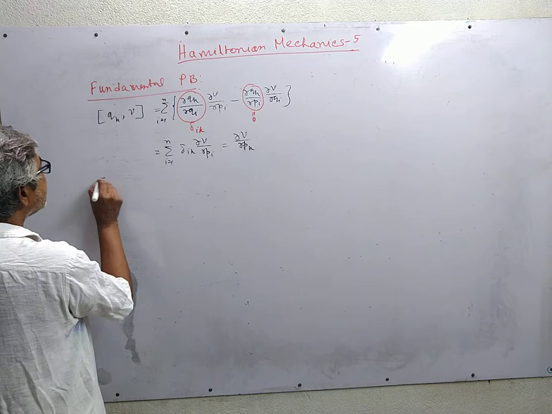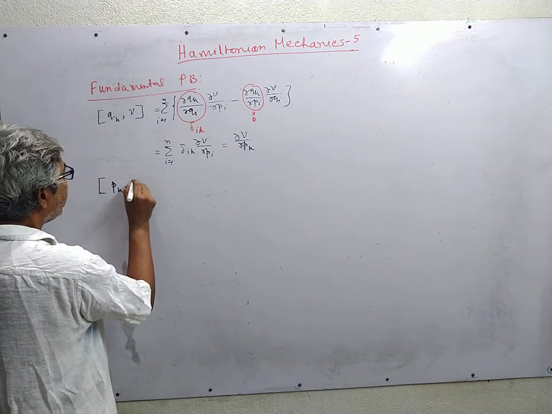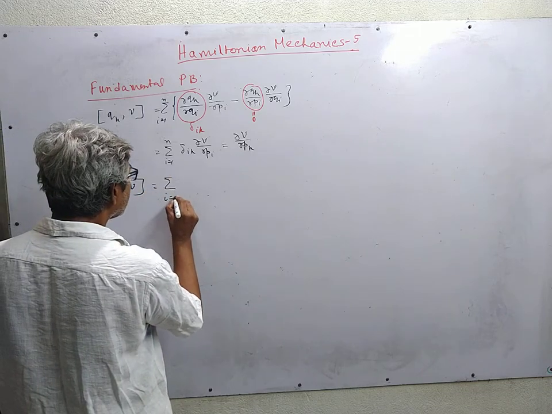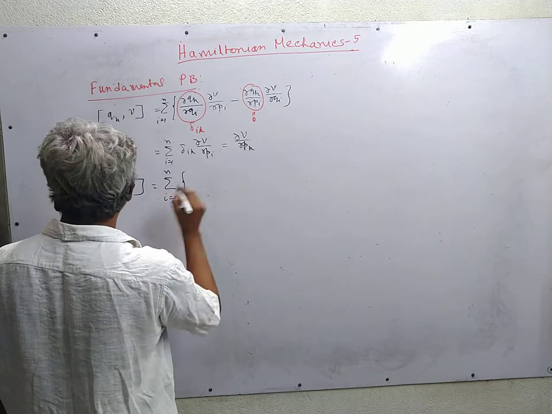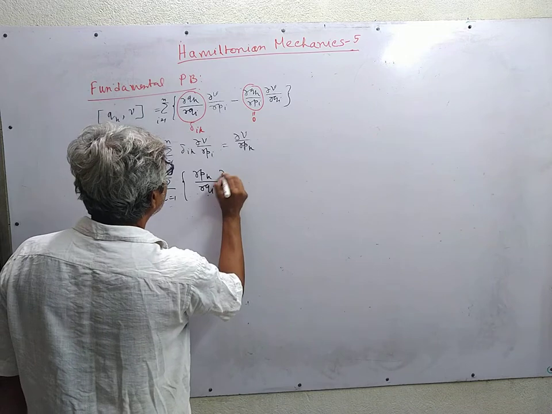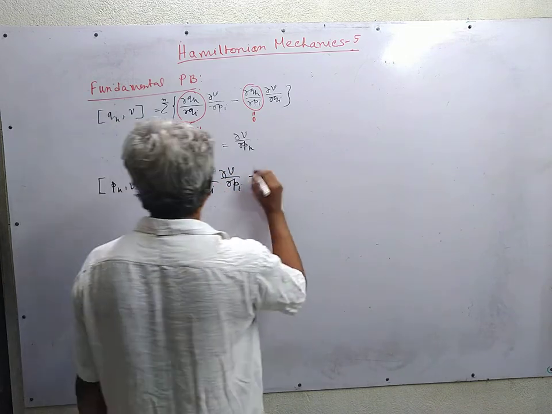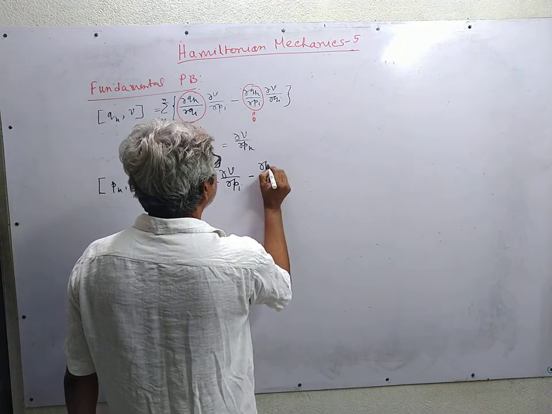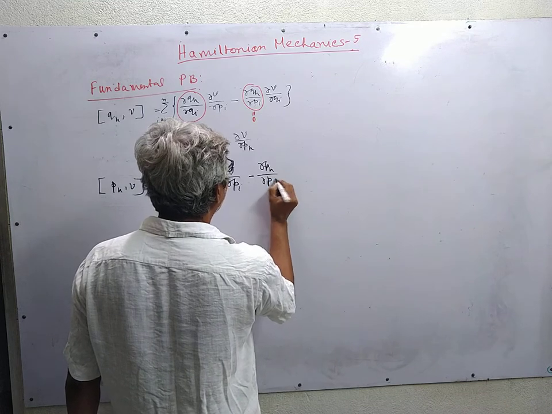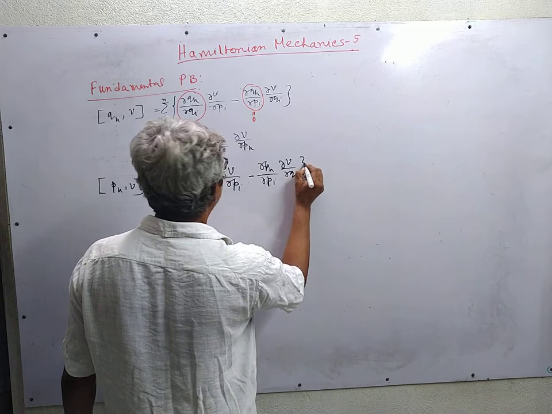Similarly, we consider this Poisson bracket, [pk, v]. By definition, it is the summation over i equal to 1 to n of ∂pk/∂qi ∂v/∂pi minus ∂pk/∂pi ∂v/∂qi.